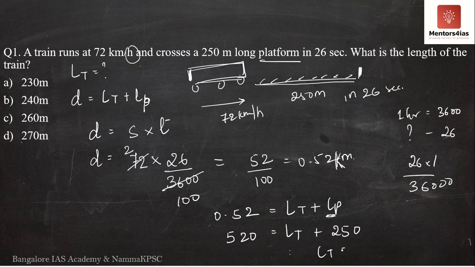Therefore, length of the train is what? 520 minus 250. So we have 52 minus 25, which is nothing but 27. Therefore, the length of the train is 270 meters, or option D is the correct answer.